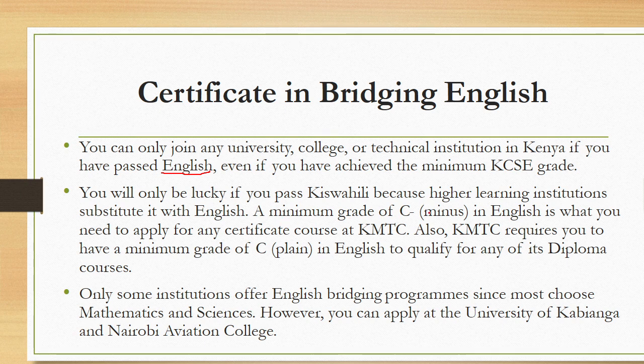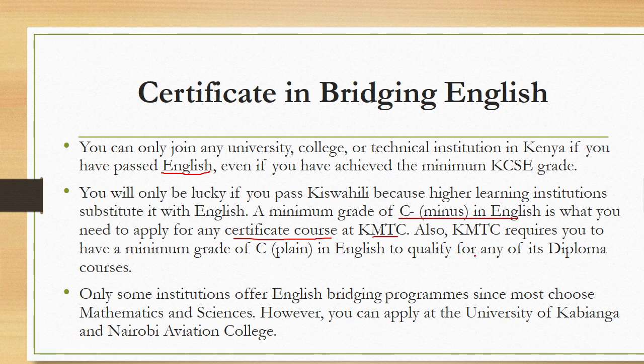So a minimum grade of C minus in English is what will be needed for you to apply for any certificate course. I hope you're getting this at KMTC or any other institution. So you need to have passed in English and got a C minus, right?